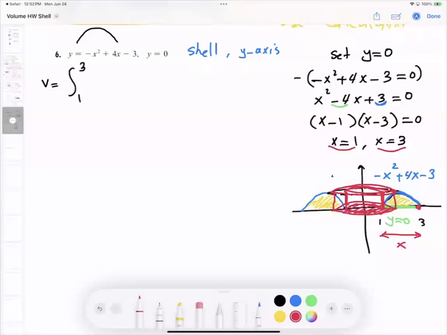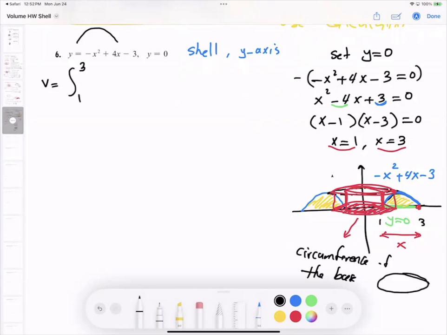If we ask to find the circumference of the base, this is basically asking, what is the length of this circle? So the radius depends on x, nothing else. The radius and x are the same thing. So you have 2 pi x, which is the circumference, times the height.